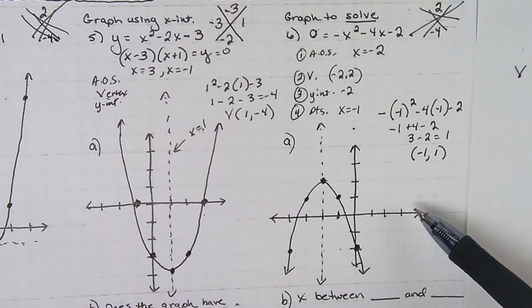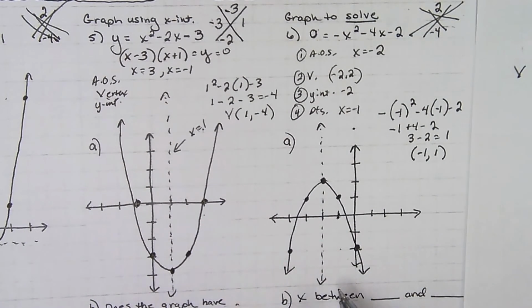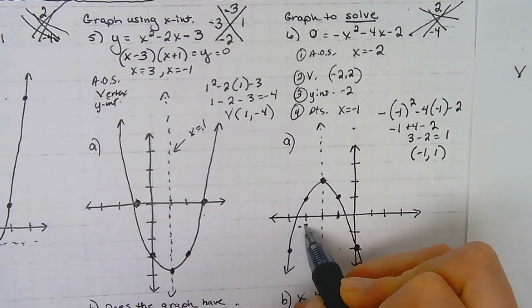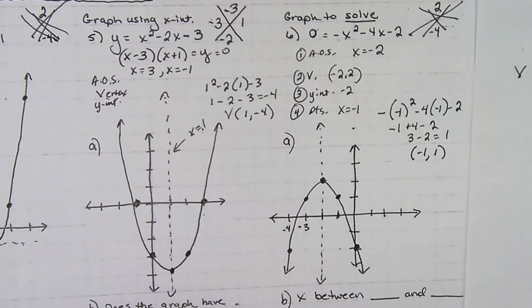Now, this question here is asking, where are the solutions? Where are the x-intercepts? Well, the x-intercepts are where x is between, it looks like, negative 1, negative 2, negative 3. This is negative 3 and this is negative 4.